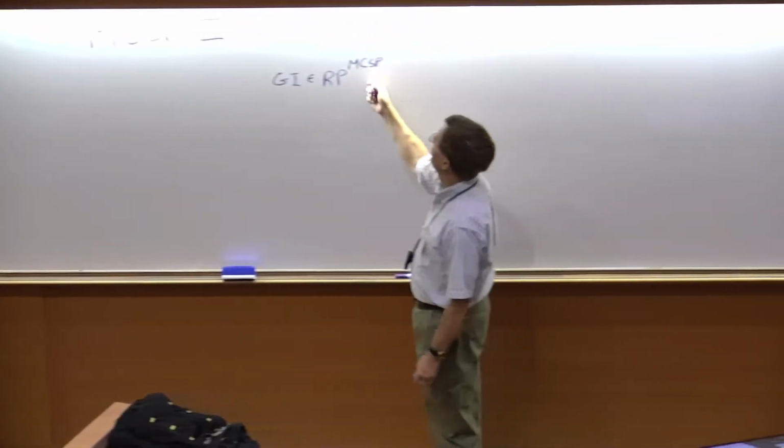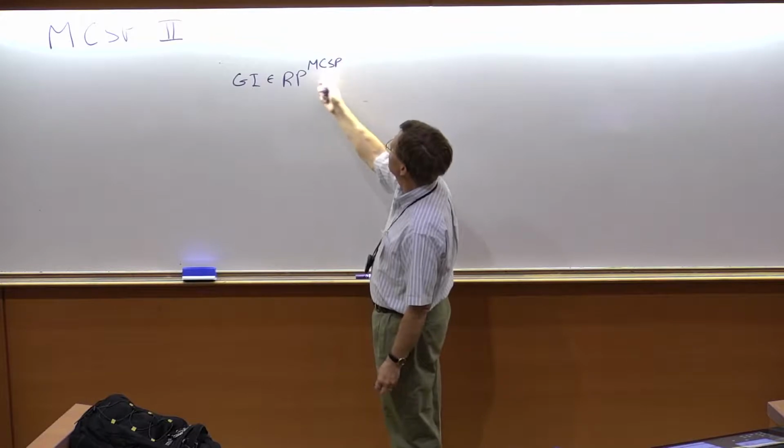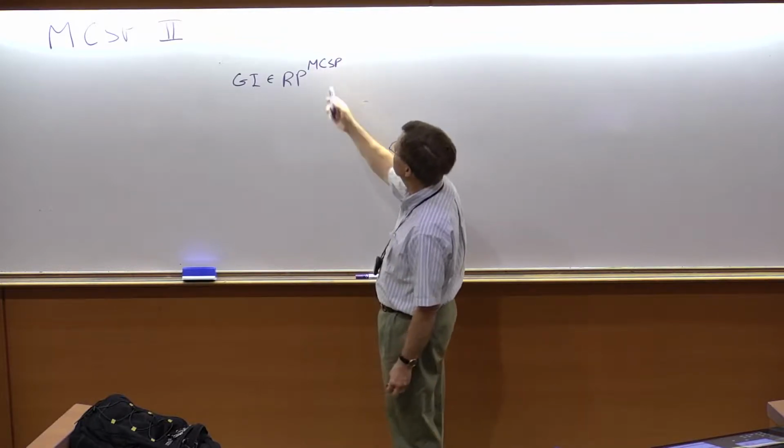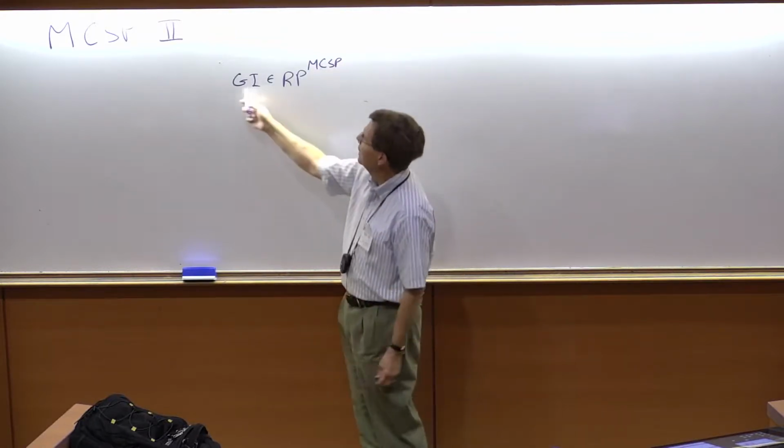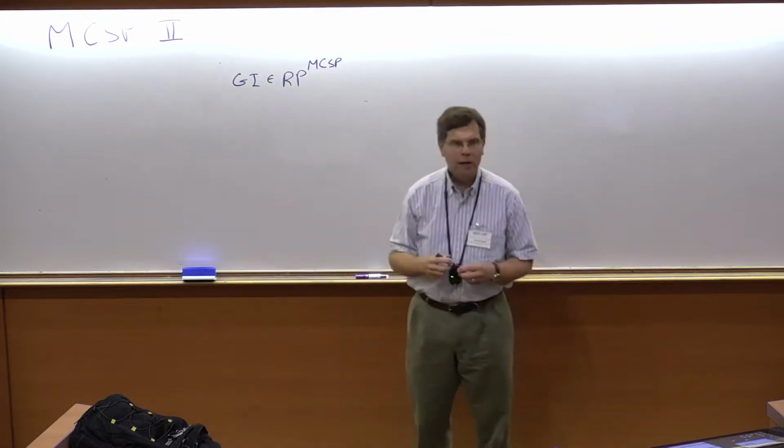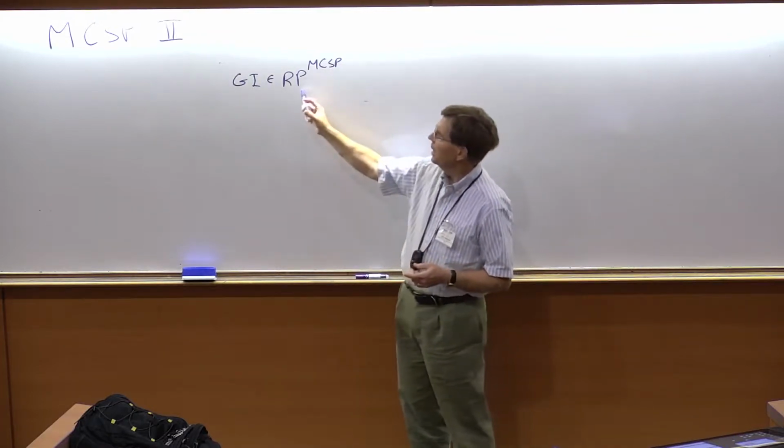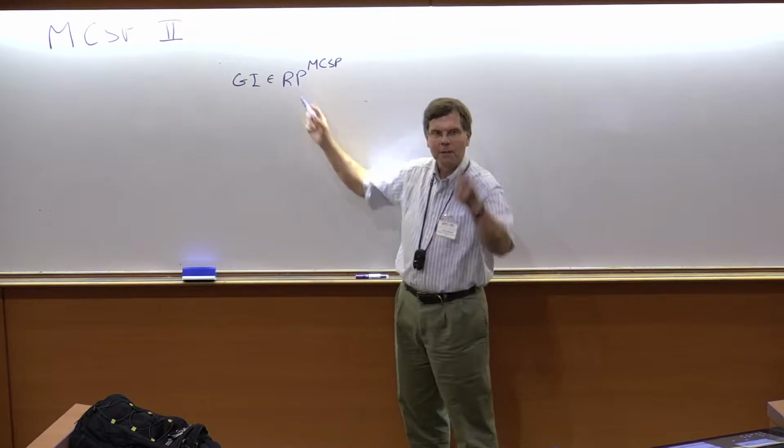So if you've got a fast or efficient algorithm in some sense for this problem, among other things, you can do graph isomorphism with a randomized polynomial time algorithm.